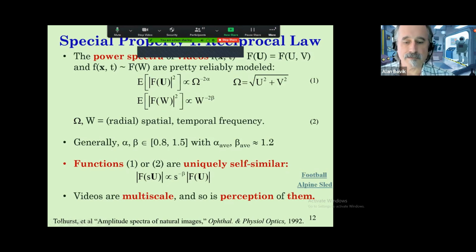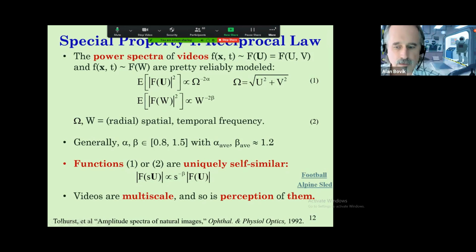Who discovered this? A fellow named Benoit Mandelbrot. You might remember he was the guy who popularized and sort of invented fractals, which are self-similar signals. It's important to us because for things that are self-similar, their properties hold up similarly over different scales of observation. So if we analyze videos, we need to analyze them over multiple scales.